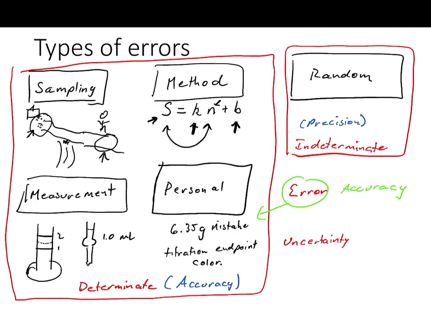And uncertainty is referring to the range of values that we can actually observe, and that is related to the precision or the indeterminate errors. 5 different types of errors: determinate versus indeterminate. Notice how they are associated with accuracy and precision. And then we have these last 2 terms, errors and uncertainty, which are used for the 2 different categories.